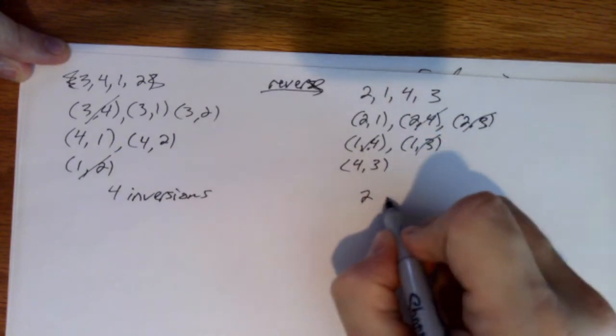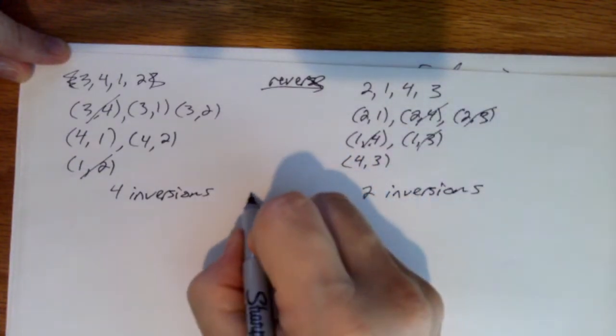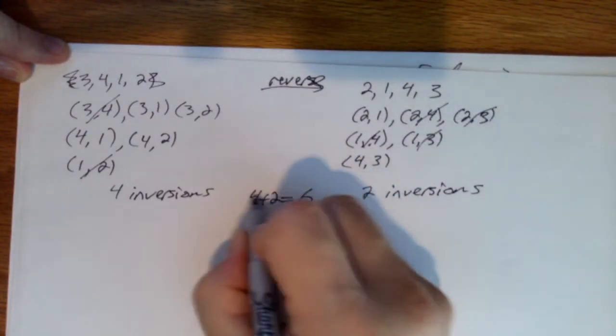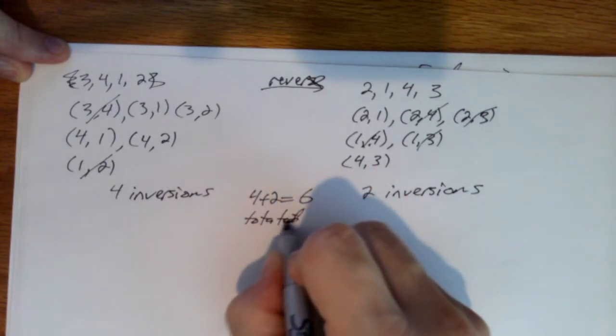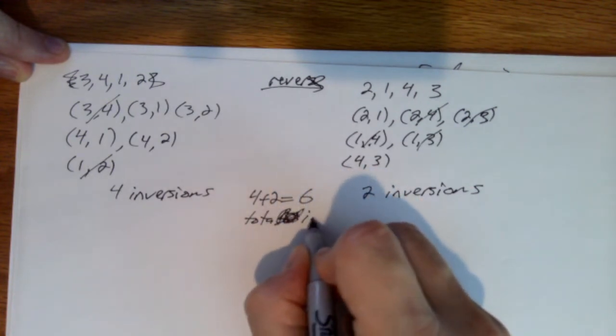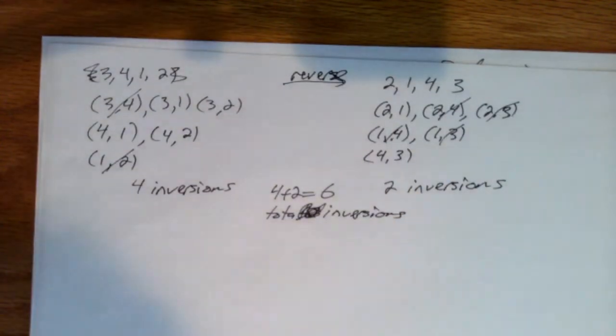So here's 2 inversions. And what we have here is that 4 plus 2 equals 6 total inversions for the pair. Okay? So why am I looking at these in pairs, right?